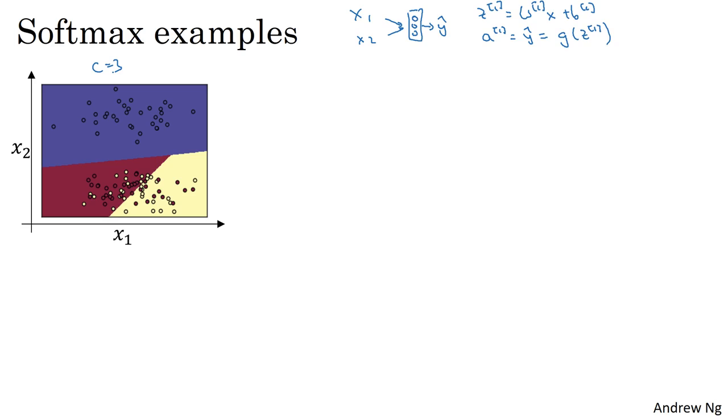In this diagram, we took the training set shown in this figure and trained the softmax classifier with 3 output labels on the data, and then the color on this plot shows thresholding the outputs of the softmax classifier and coloring in the input based on which one of the three outputs had the highest probability. So you can see that this is a generalization of logistic regression with linear decision boundaries, but with more than two classes. Instead of the classes being just 0, 1, the classes can be 0, 1, or 2.